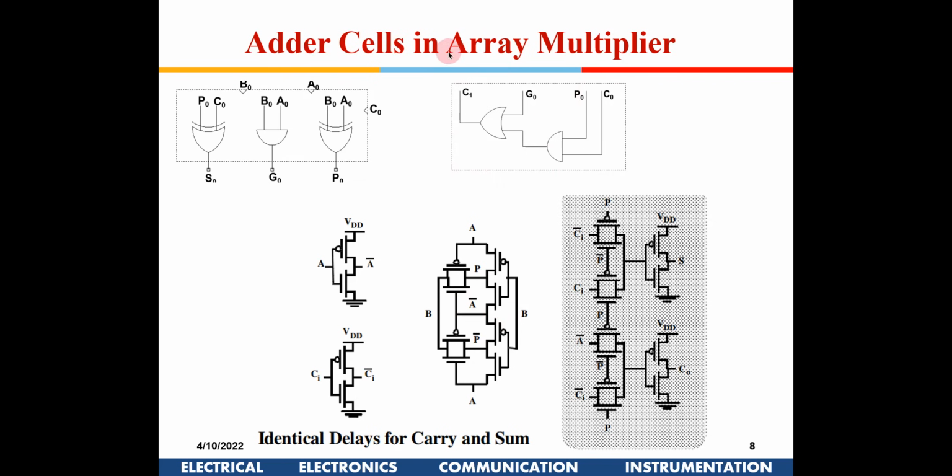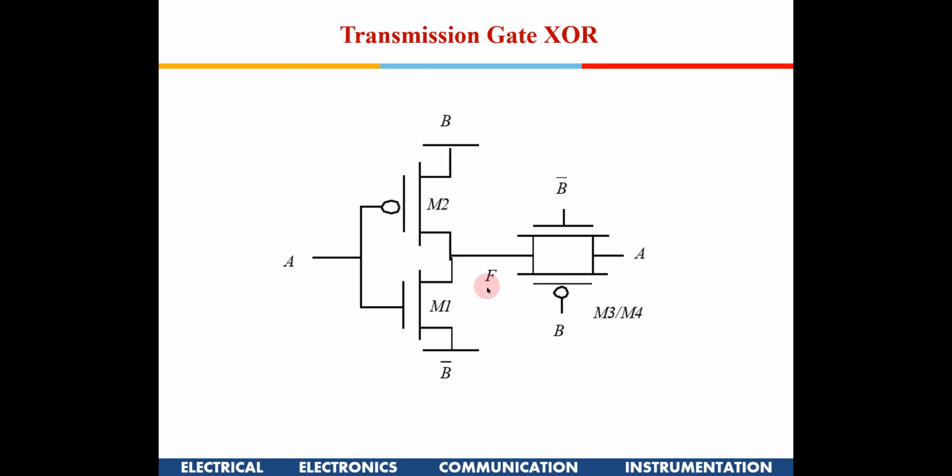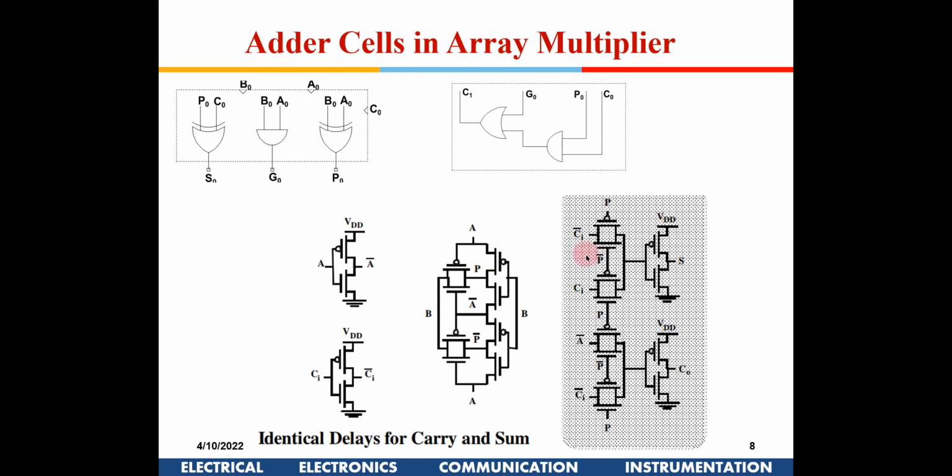So in the adder cell of an array multiplier, how do the blocks inside look? That is being shown out here.